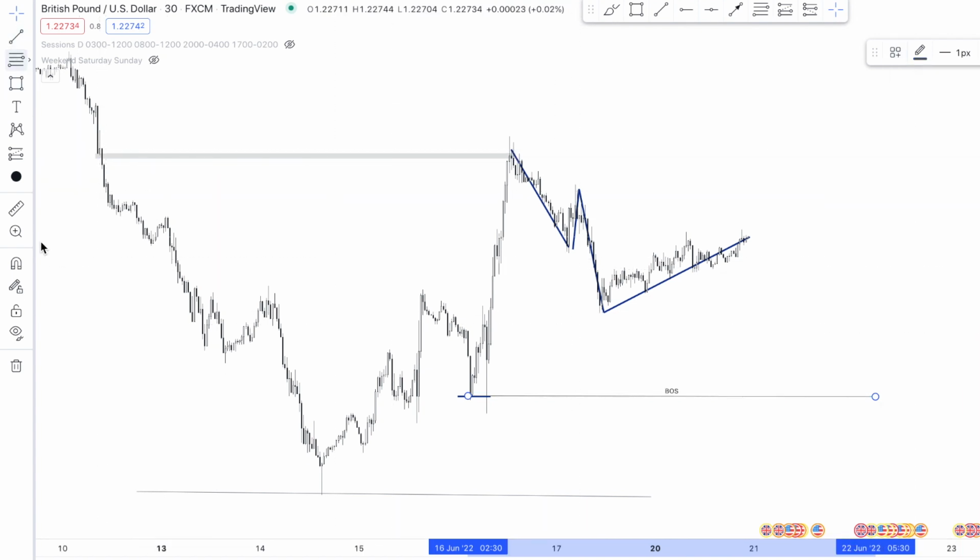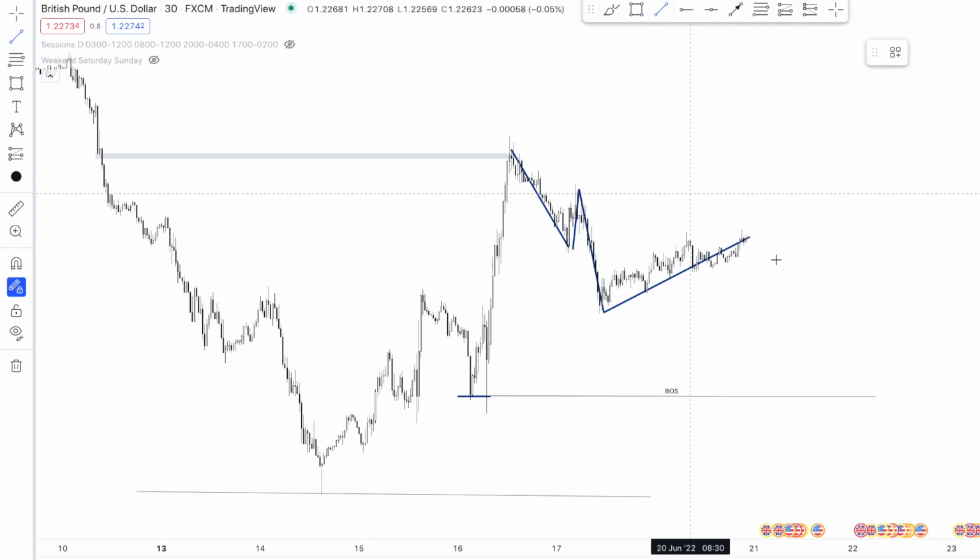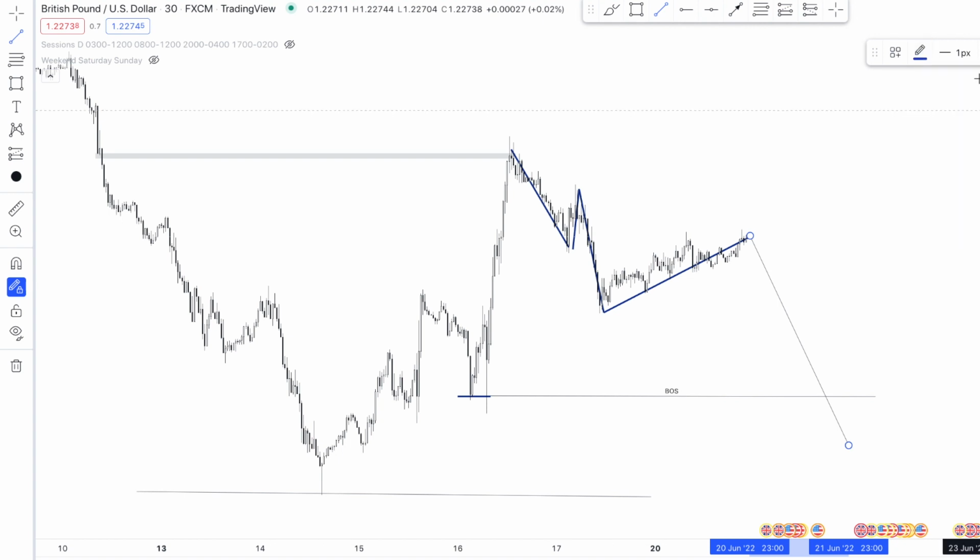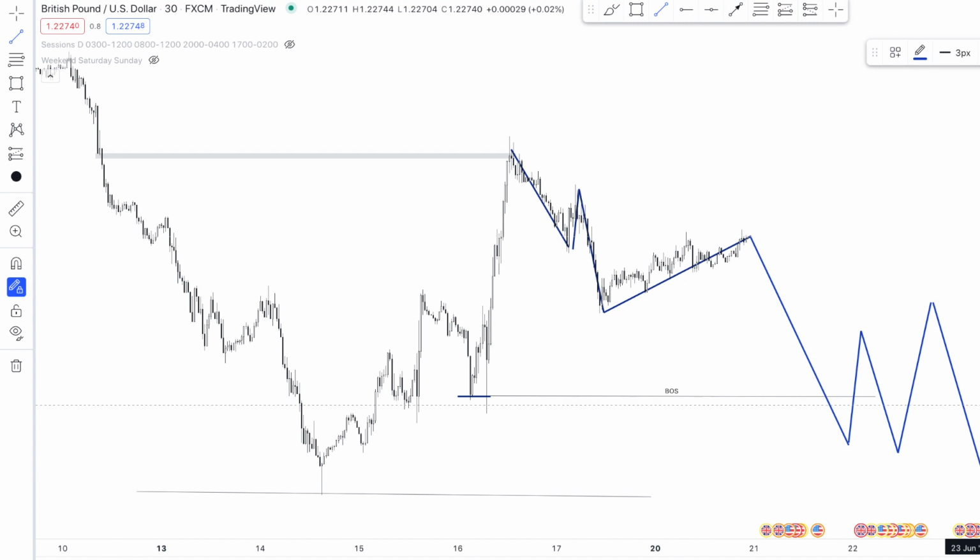Okay, so once price breaks this, that would be the best time for us to see any type of redistribution build to bring price low and create a new low lower than this low.